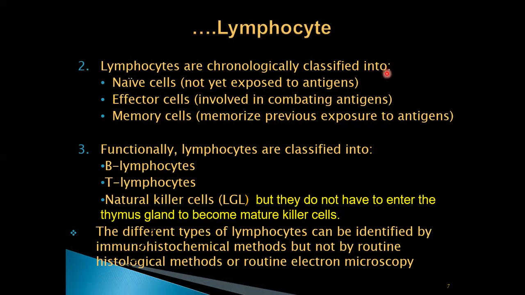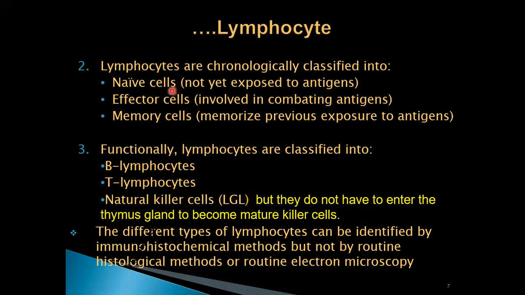Lymphocytes, according to their development and timeline, are classified as naive cells, meaning the cells which have not yet been exposed to antigens. They have been formed in the bone marrow and have come into the circulation and have not yet been exposed to antigens. So these cells are called naive cells.